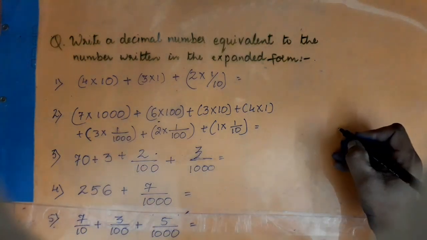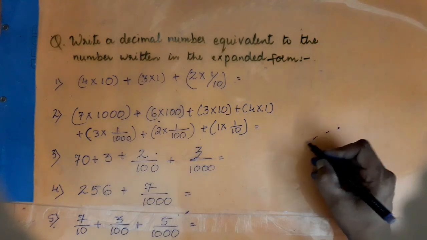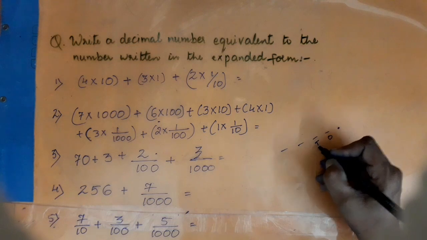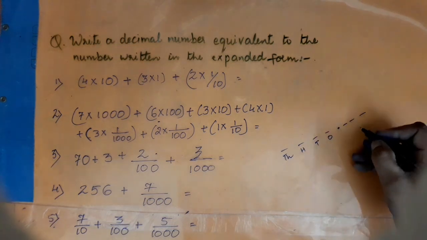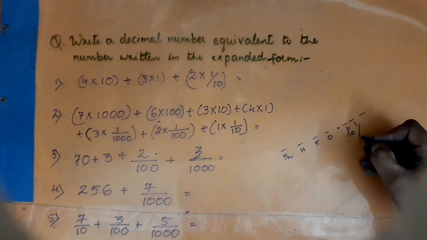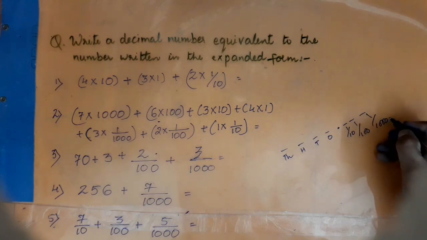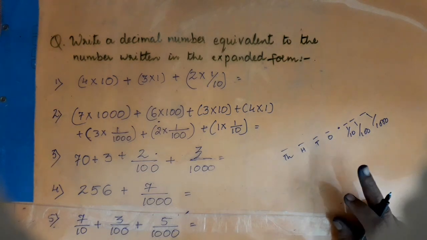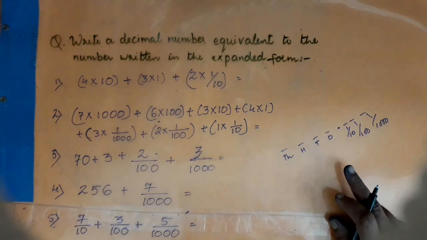Before the decimal point, you have to write the whole number, whatever the number of digits it has: ones, tens, hundreds, thousands. And after the decimal point, this will be the tenths place, this will be the hundredths place, and this will be the thousandths place. Whichever places are vacant, you have to write 0 in that place, right?